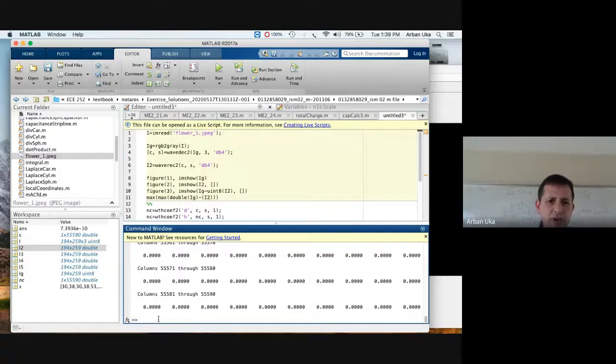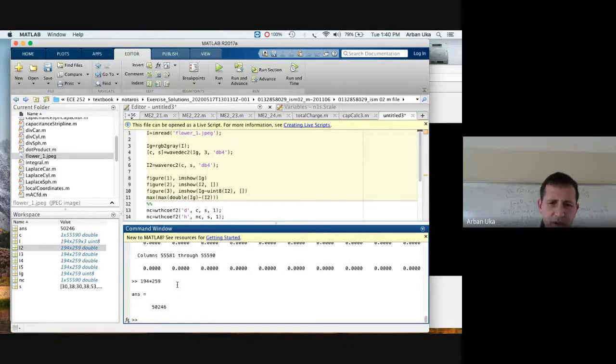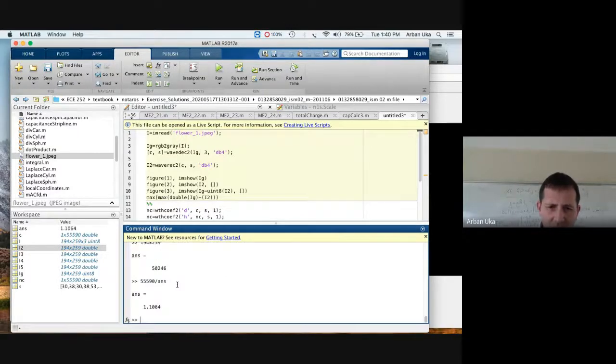Now, let's see the original image, the I, it was 194 times 259. It looks like we get 50,000. The size of C is 55,590 divided by the answer. It looks like that's not correct. Yeah, it is. Okay.